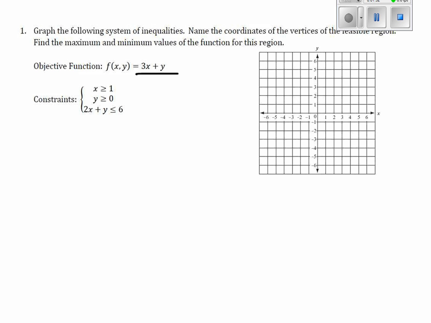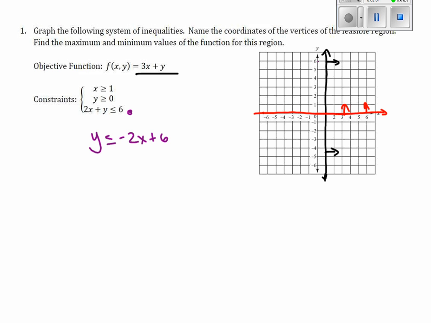So we sketch a quick graph. X greater than or equal to 1 means this is solid, and I'm going to shade this way. Y greater than or equal to 0 is right here, and shading is going to go up. This last one, if I just do a little algebra, is y equals negative 2x plus 6.